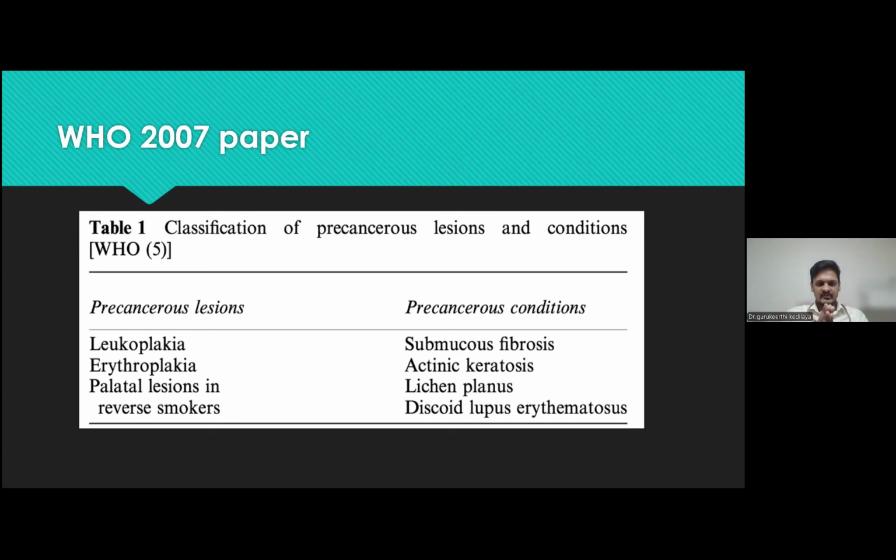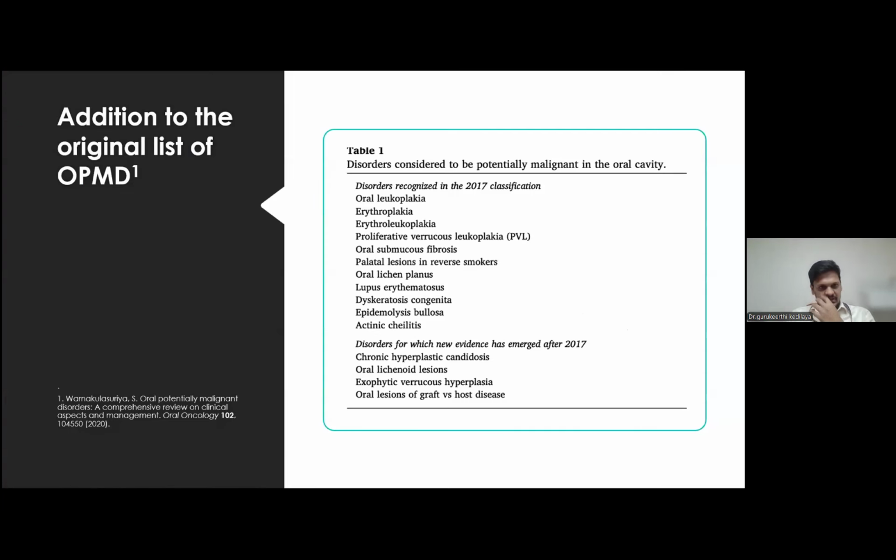As I said, before 1978, the precancerous lesions included leukoplakia, erythroplakia, and palatal lesions in reverse smokers, and precancerous conditions were submucous fibrosis, actinic keratosis, lichen planus, and discoid lupus erythematosus. In 2017, all these conditions were included under OPMDs.